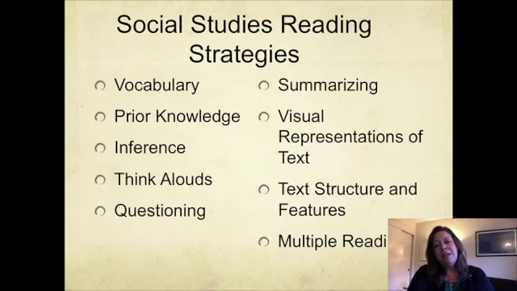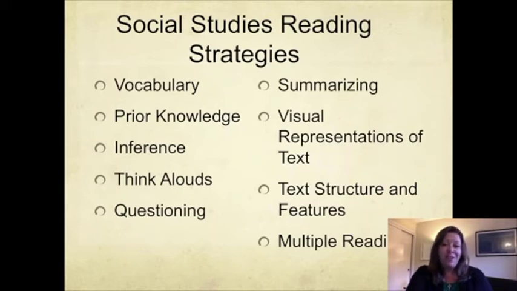Additionally, in many cases, social studies vocabulary is used in other areas. For example, the word community in science, when you're talking about a community of animals, means something different than you might be talking about in social studies. And there are some nuances to definitions within the content areas that we do need to try and help students understand. So vocabulary is one.